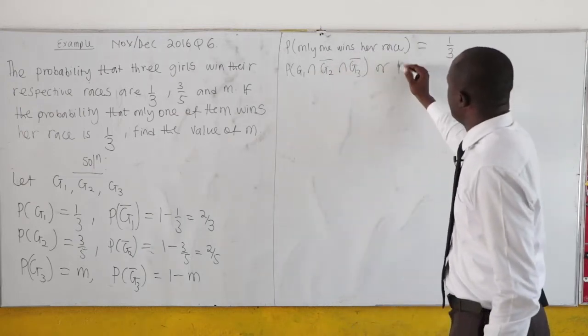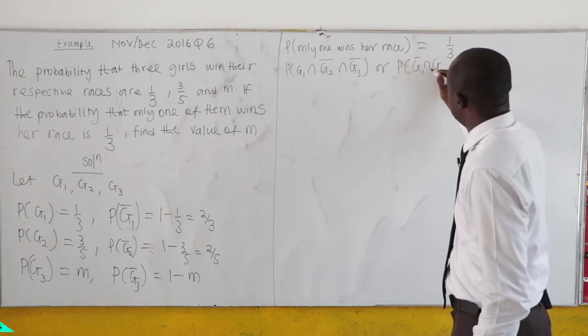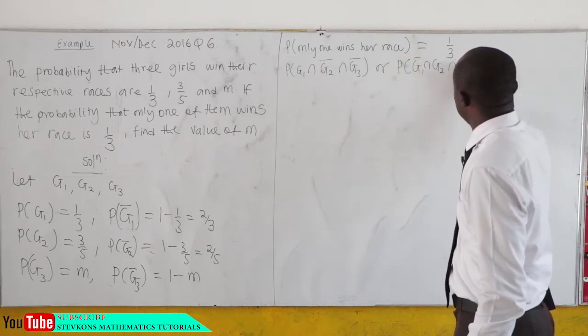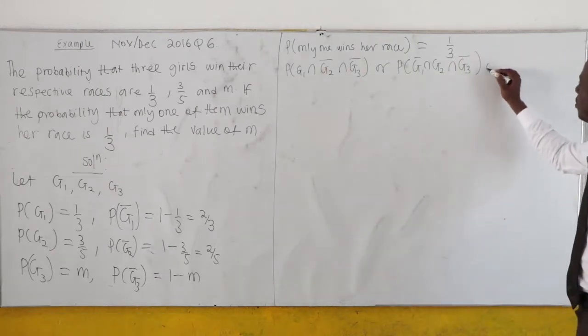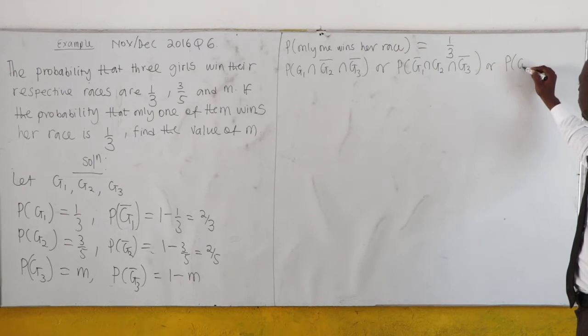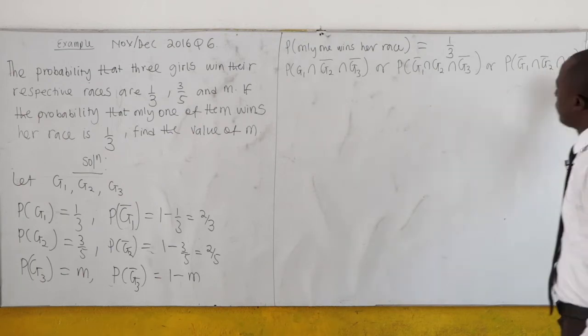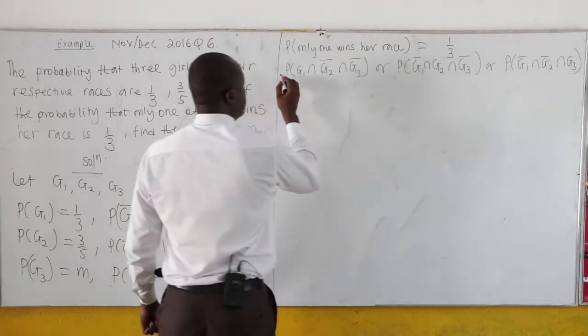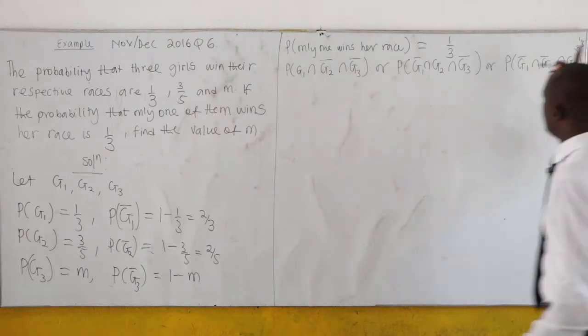Or it can also be that the first person will not win, but the second person will win, and then the third person will not win. Or the first person will not win, second will not win, and then the third person wins. And this all should be equal to 1 over 3.